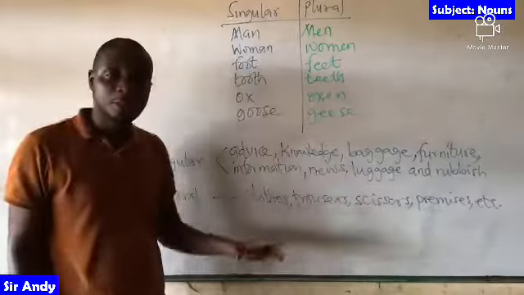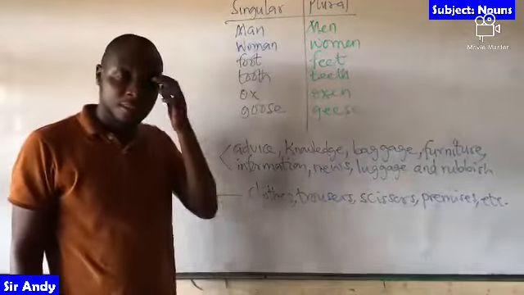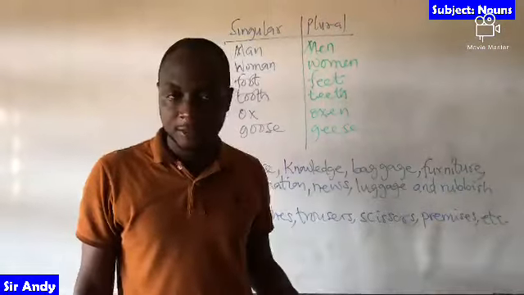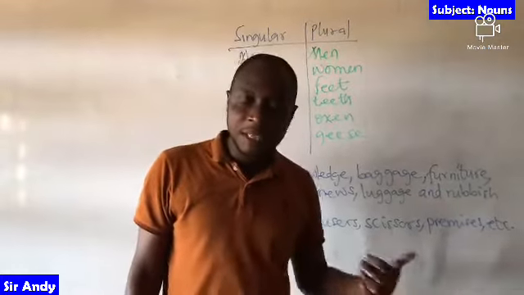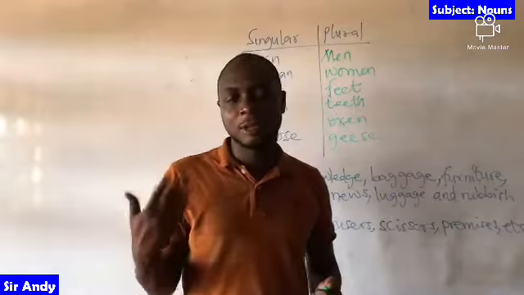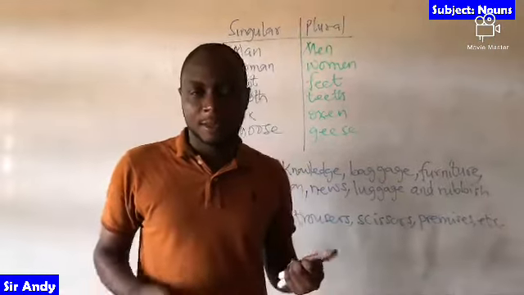They don't take any plural form because advice is advice, right? But we can say pieces of advice. He gave me pieces of advice, right? That is when you want to talk about series of advice, many forms of advice, right?